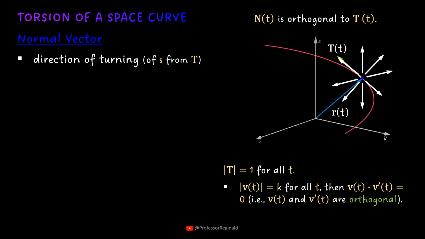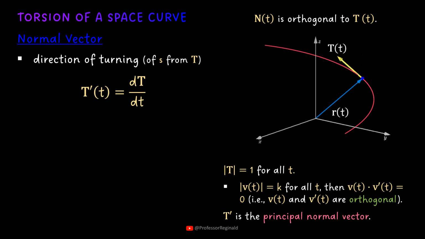Which means these vector functions produce position vectors that are orthogonal to each other for any value of the general parameter t. Hence, we choose the derivative of the unit tangent vector as the principal normal vector. Note that this normal vector is not a unit vector just yet.